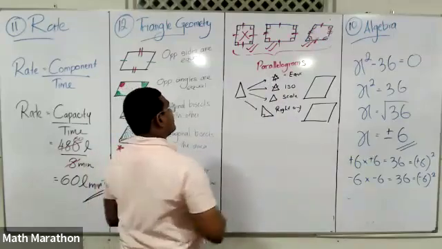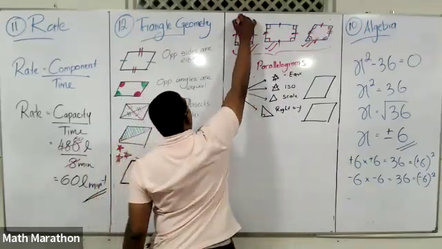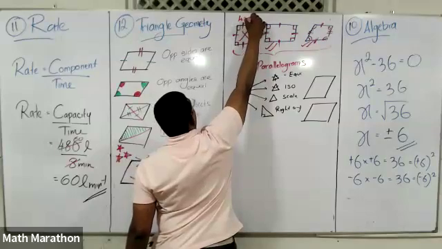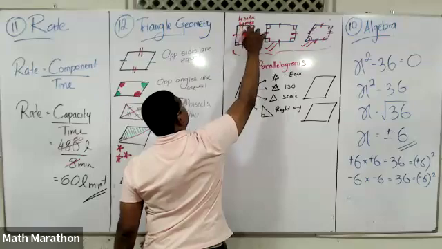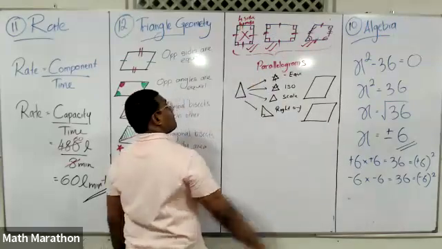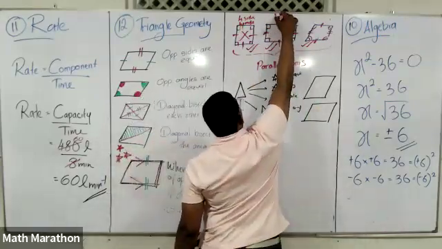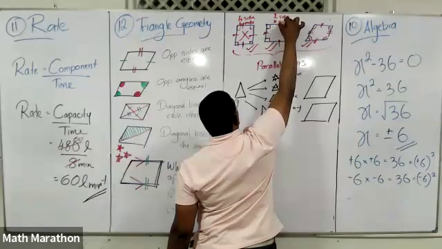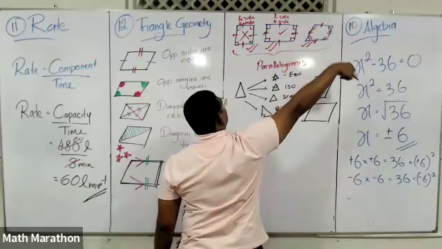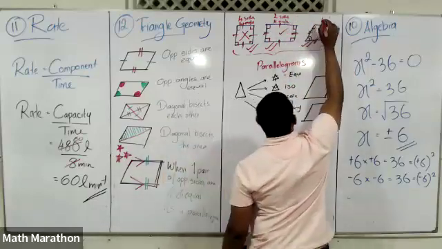The special case is, when all four sides are equal, it's a square. If four angles are equal, it's a rectangle.